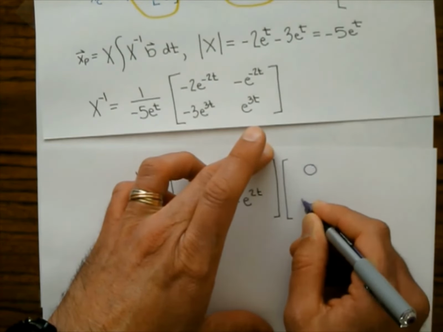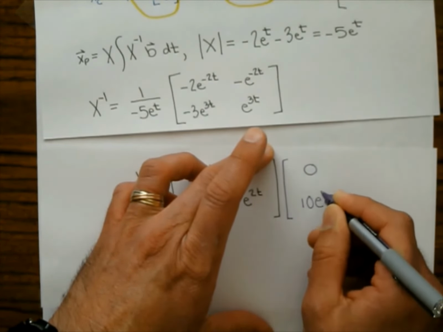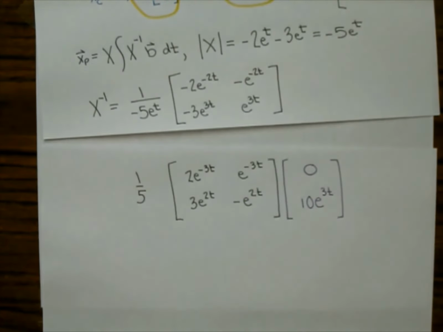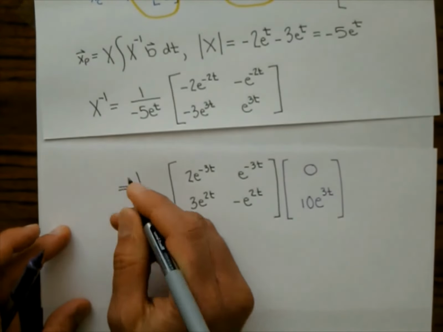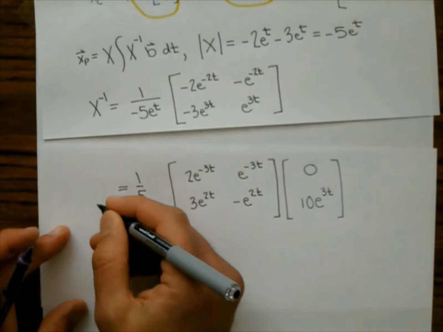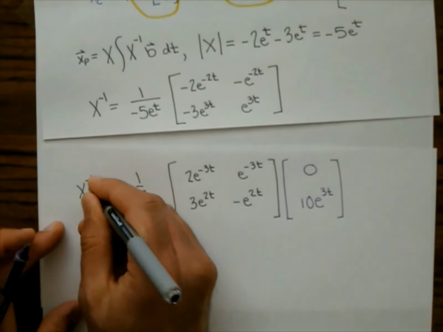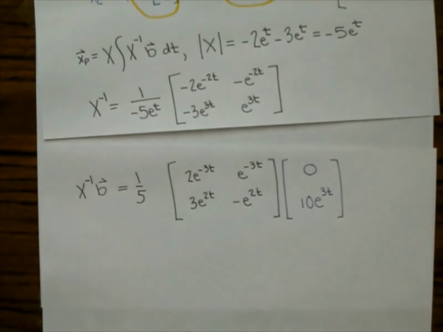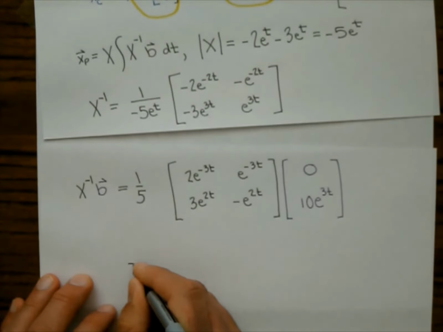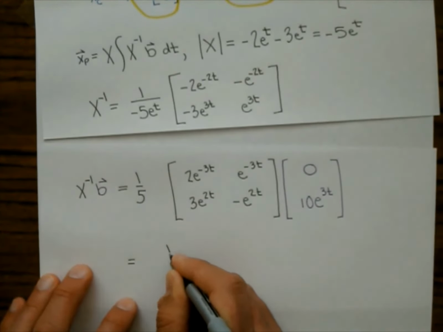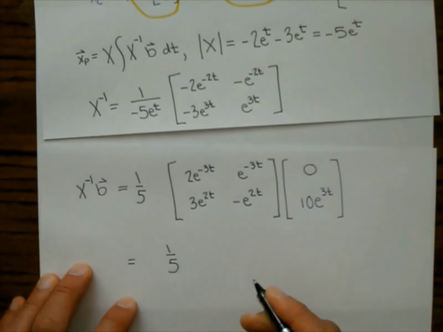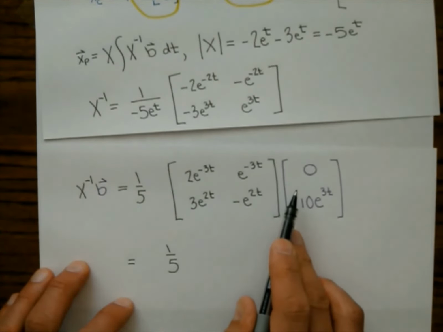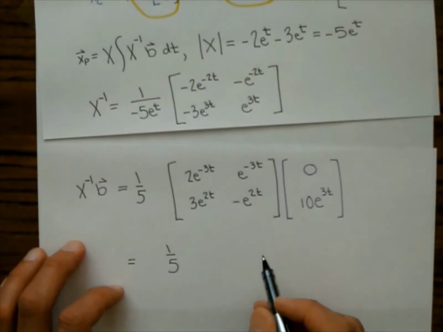0, 10 e to the 3t. That's my next step. I'm trying to build this house here, and so the next step would go X inverse times B. So let's see what this gives us. I'm going to keep the 1/5 here. And 2 by 2 times a 2 by 1 is going to give me a 2 by 1.